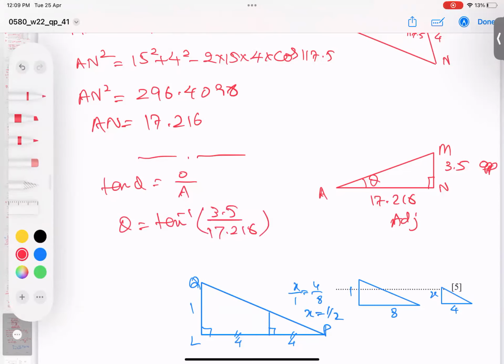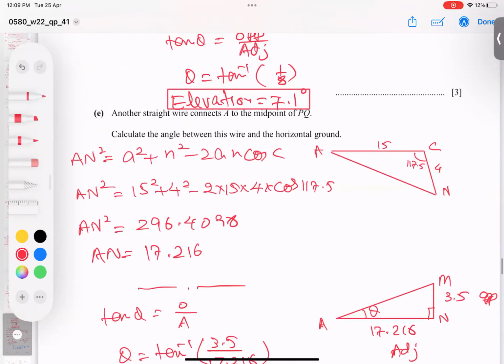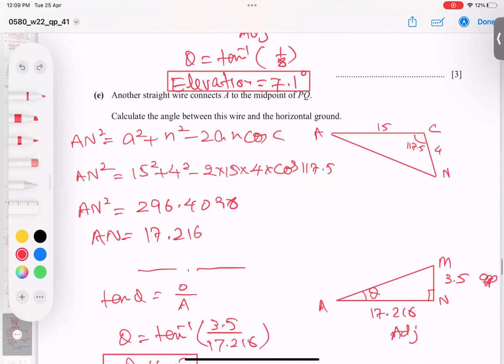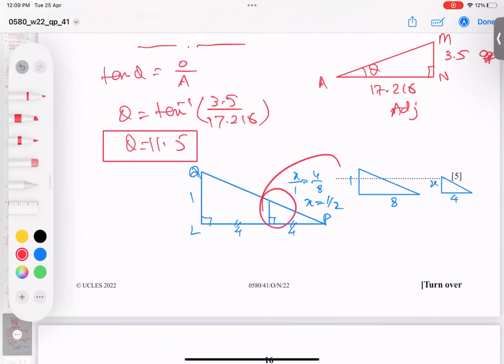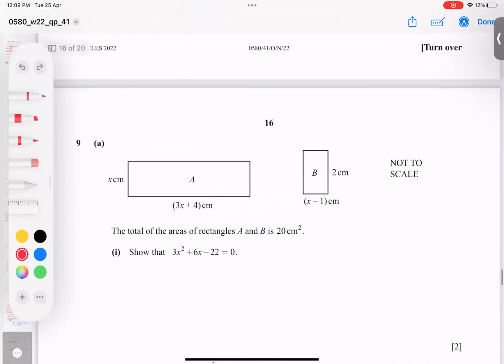If I take tan inverse, students, of 3.5 divided by 17.216, I hope you got the point clear, the answer comes 11.5. So this was a very tough question, but I hope you understood as well. The hardest part is to get this similarity concept, and the rest was okay.